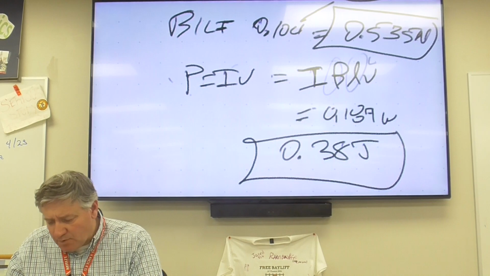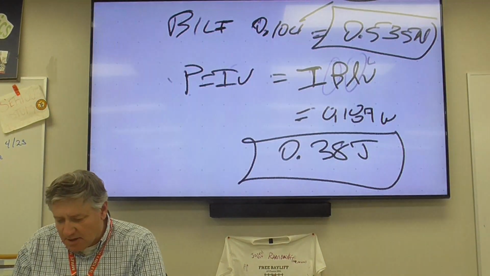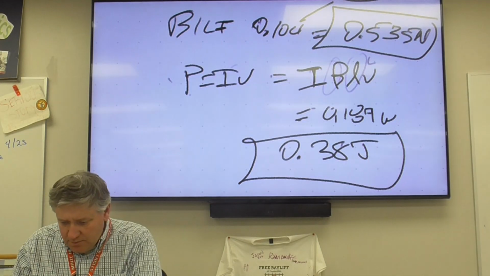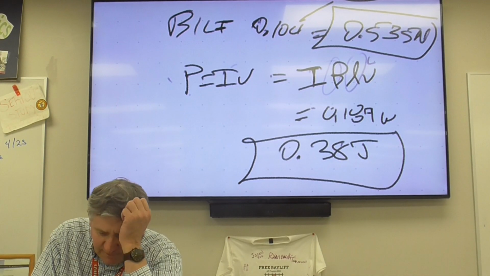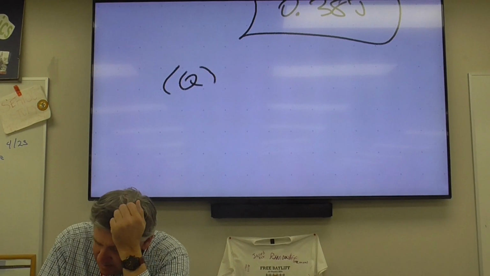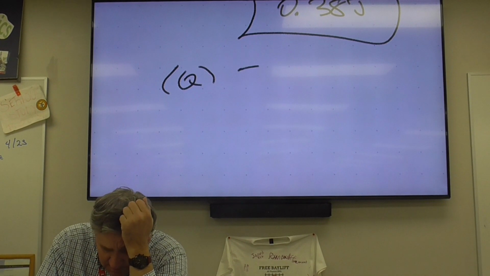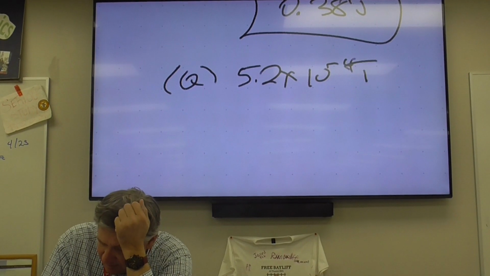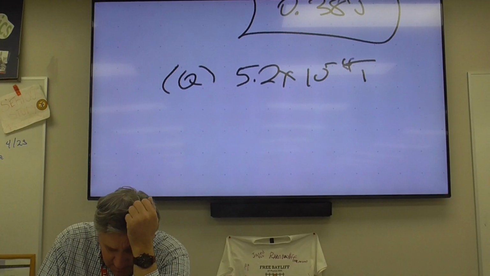On the question with the wires, let me just give you those answers if you want to work that. Your answer to A is 5.2 times 10 to the negative 4th Tesla.